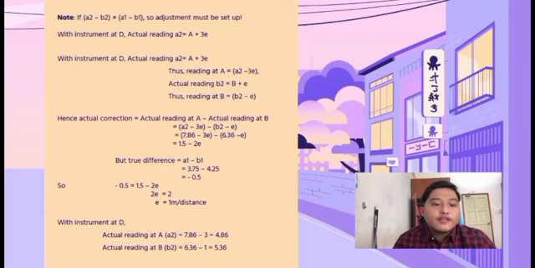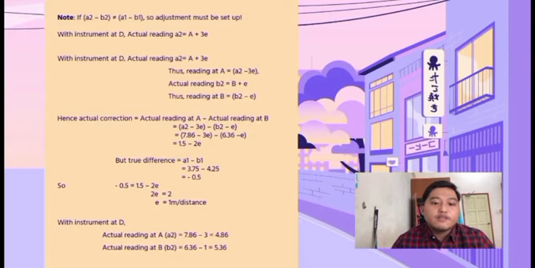Note, if A2 minus B2 is not equal to A1 minus B1, then an adjustment must be made. With the instrument at D, the error in reading A2 equals 3E, so the actual reading at A equals A2 minus 3E.